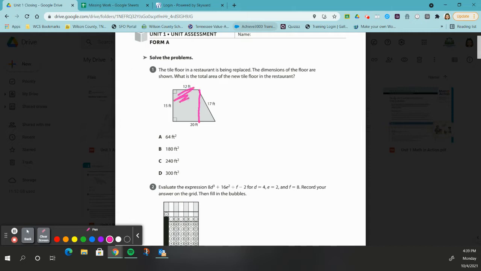Well, this rectangle right here, the area of a rectangle is length times width. We have a length of 12 and a width of 15. So we are multiplying 12 times 15. Once we do that, then we take a look at our triangle here, and we'll shade it in blue.